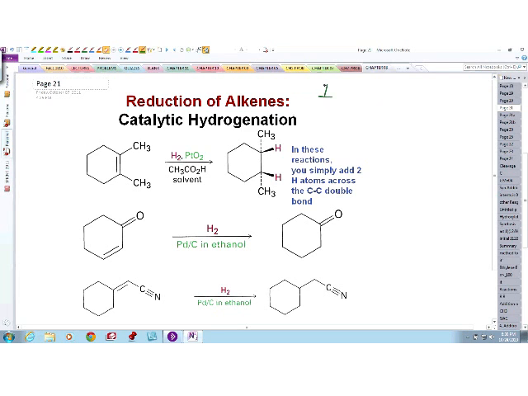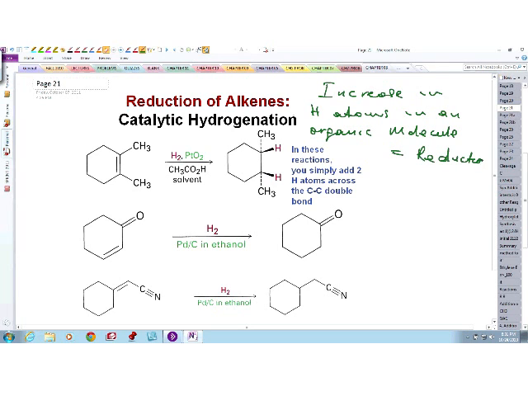Okay? Increasing hydrogen atoms in an organic molecule equals what we call reduction.